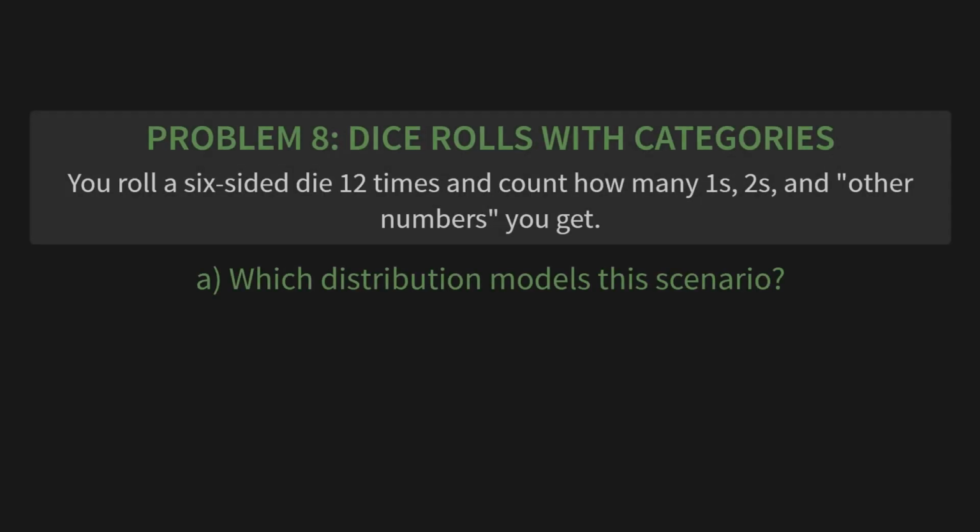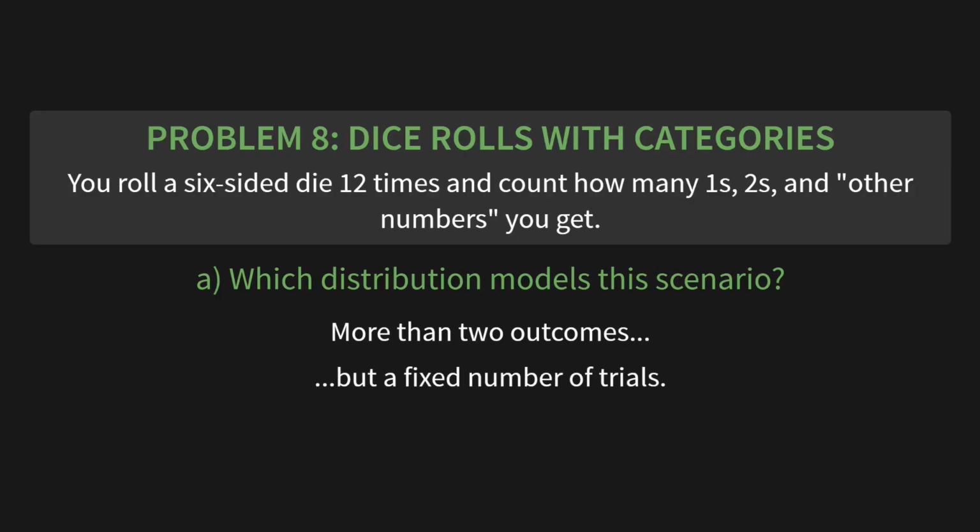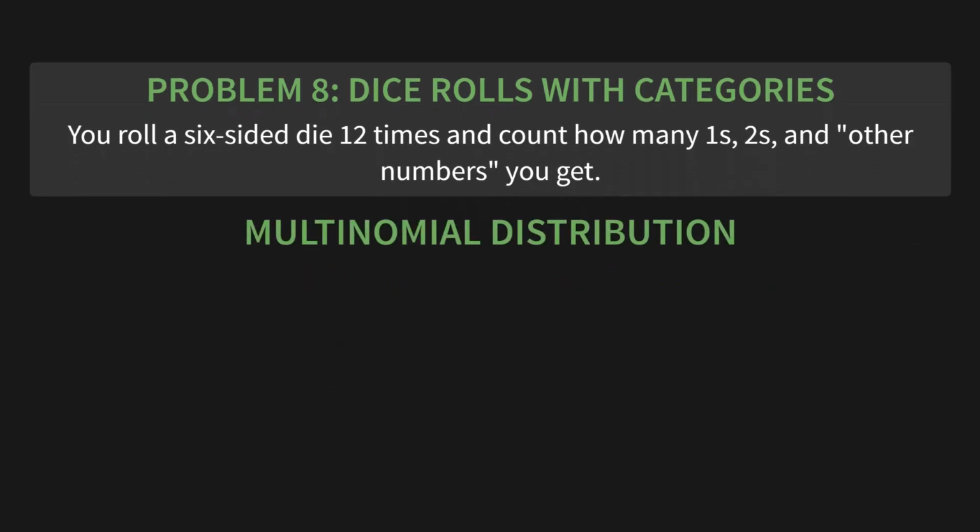On to problem 8. Dice rolls with categories. You roll a 6-sided die 12 times. And you count how many 1s, how many 2s, and how many other numbers you get. So, part A. Which distribution models this scenario? The hints are we have more than 2 outcomes, but still a fixed number of trials. This is a job for the multinomial distribution.